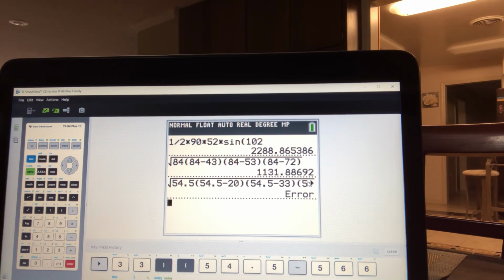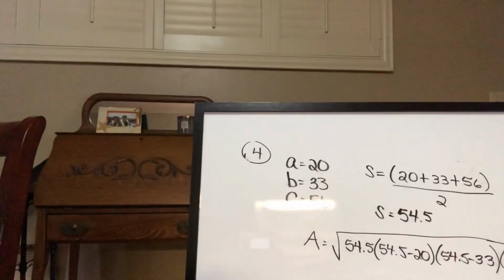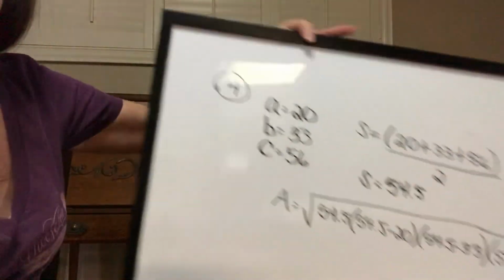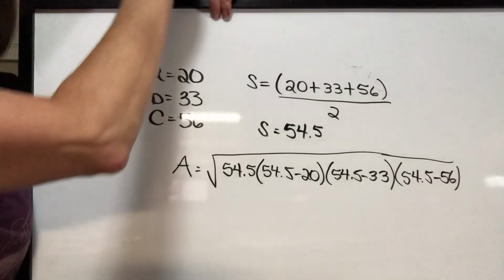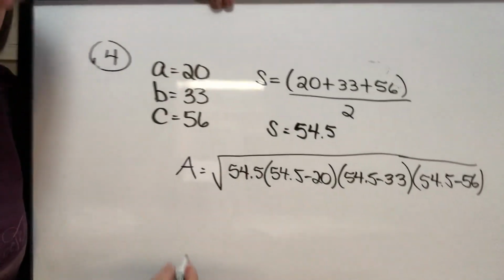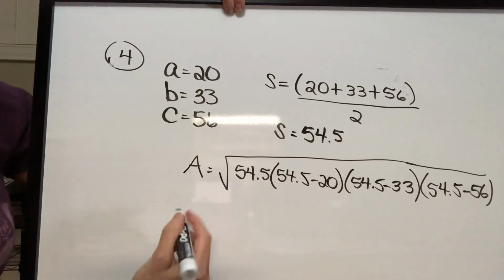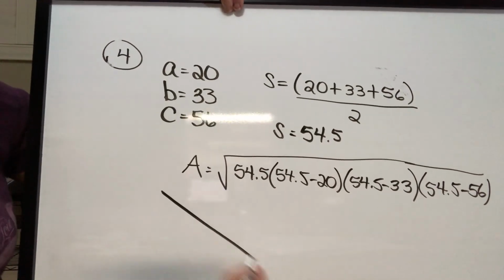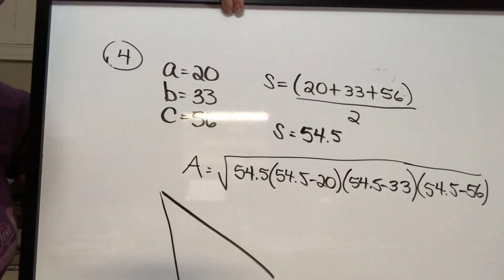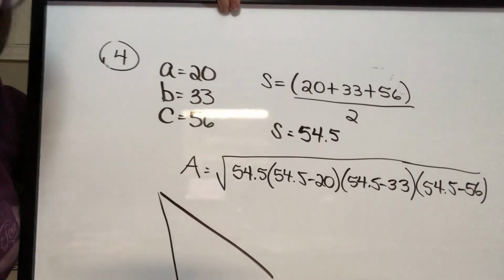So I explained that in the last video. Some of you didn't watch the whole thing, but what that means is that the triangle is not possible with those measurements. So if you were to construct a triangle and say you actually measured out 56 inches, 20 inches, 33 inches, and then tried to make a triangle, one piece might be too short to make the triangle.